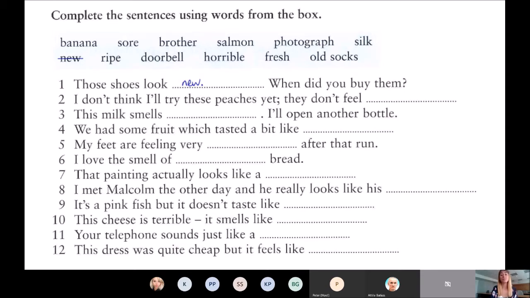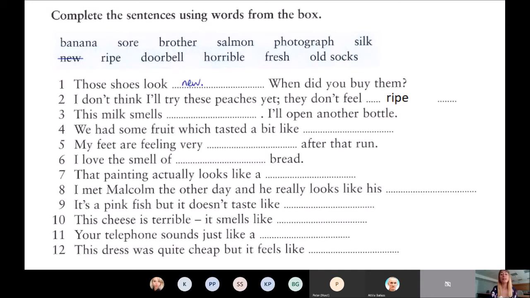They don't feel. If you know the answer, turn on your mic and answer. They don't feel ripe. Okay, they're not ready. Ripe means if the fruit or vegetable is ripe, it is ready to eat. Let's look at the third sentence.